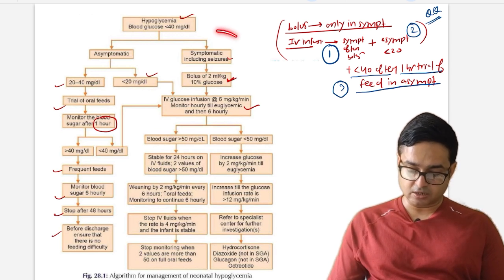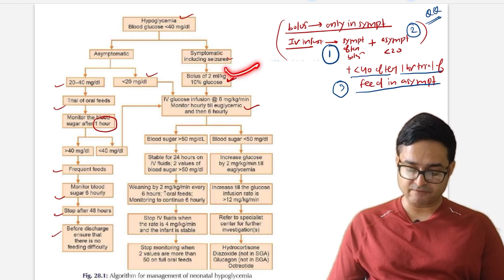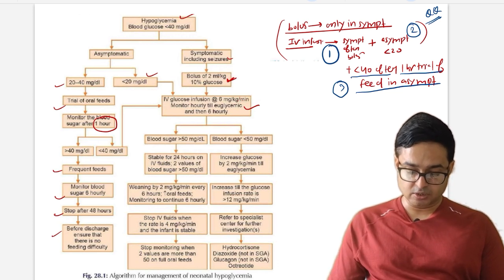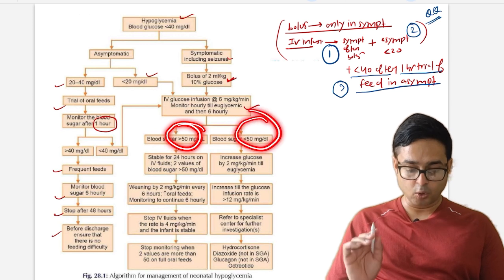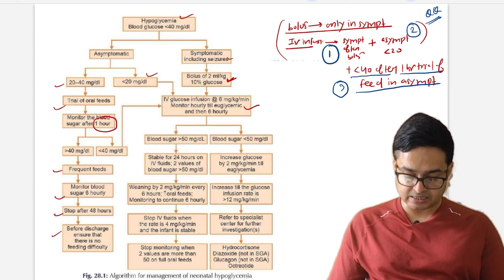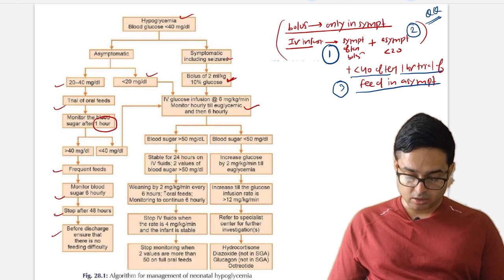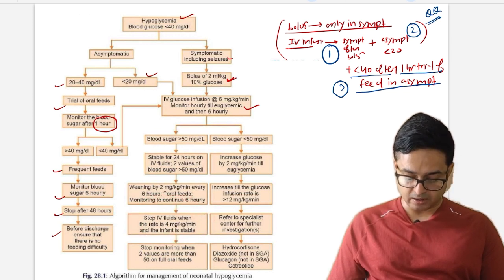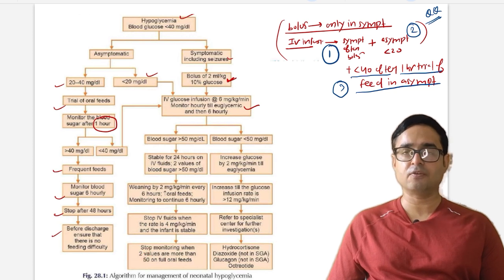Symptomatic seizures we have discussed: give bolus, then IV infusion. After IV infusion, see whether blood sugar is more than 50 or less than 50. If more than 50, and stable for 24 hours, wean by 2 milligram per kg per minute every 6 hours, give oral feed, stop IV fluids when rate is 4 milligram per kg per minute and infant is stable, and stop monitoring when two values are more than 50 on full oral feeds.